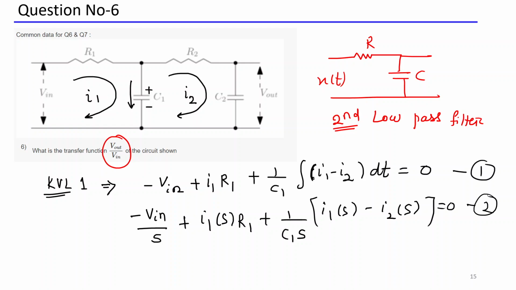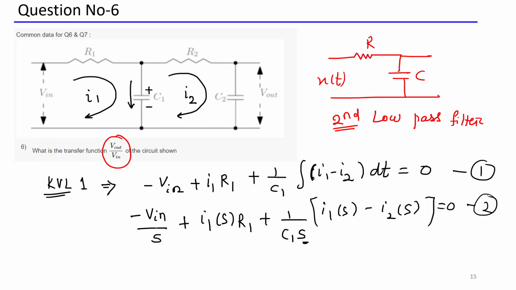Sir, why did we get S below Vin in the denominator? I'm sorry, your voice is not clear. Sir, below Vin there is S, right?